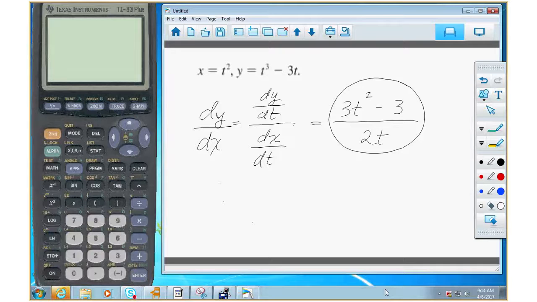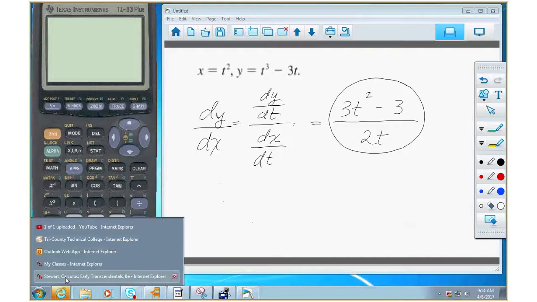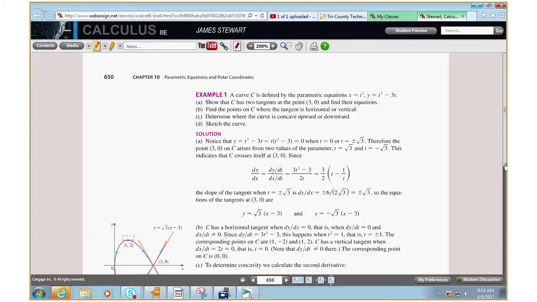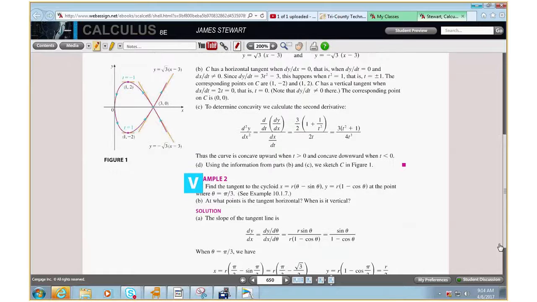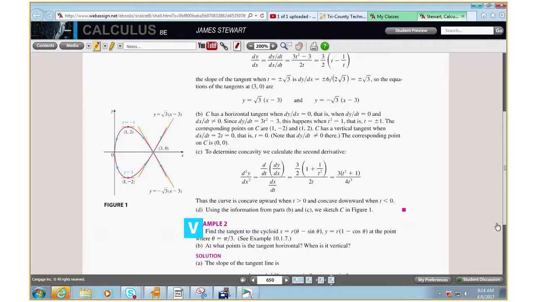All right, let's try another one. It says find the tangent of r(theta minus sine theta), r(1 minus cosine theta). And that's example 2. Let me pull that up for you. All right, try that one right there.